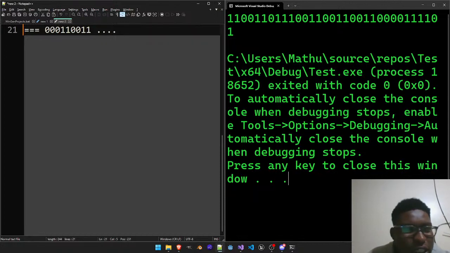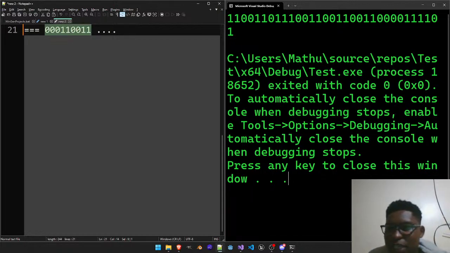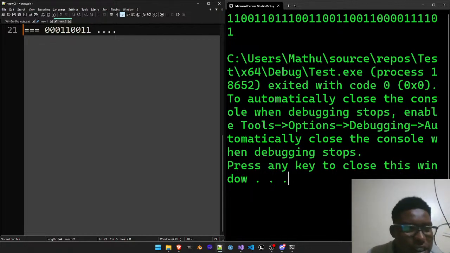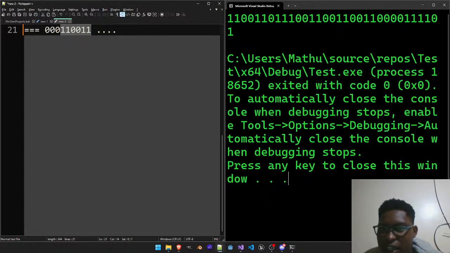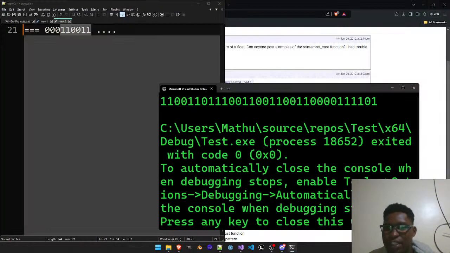But there's a bit of familiarity. There's this 11 00 11 that's kind of repeating here. Maybe it's the same. Maybe the machine saw it in a different way.